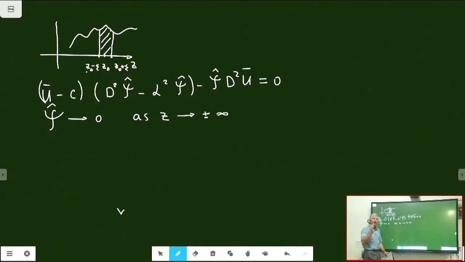So that's the physical condition. That's physics for us, right? That's what we have. And then we have the jump conditions.